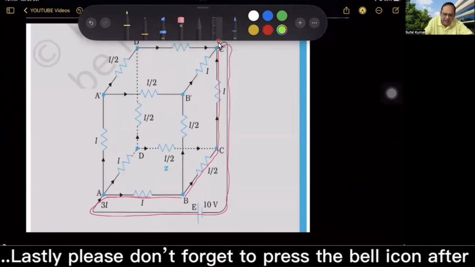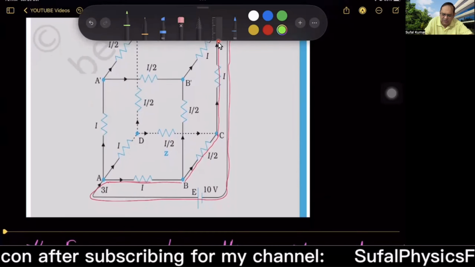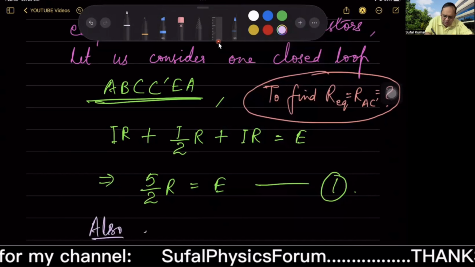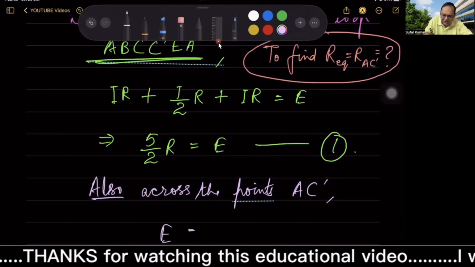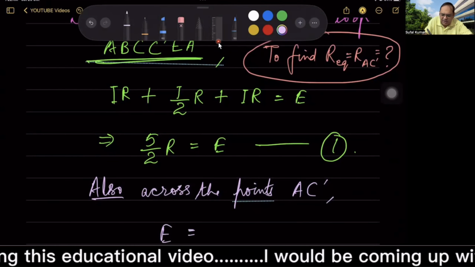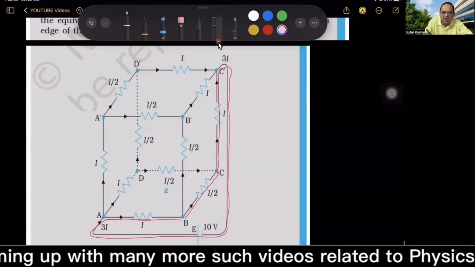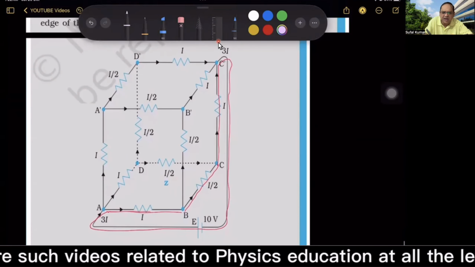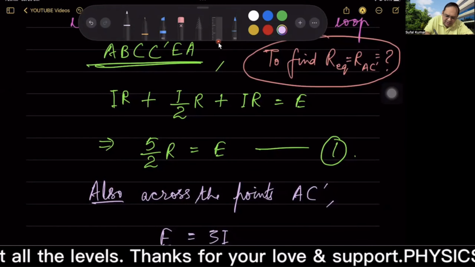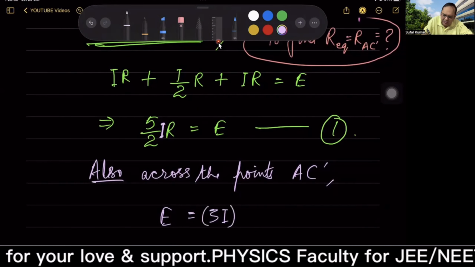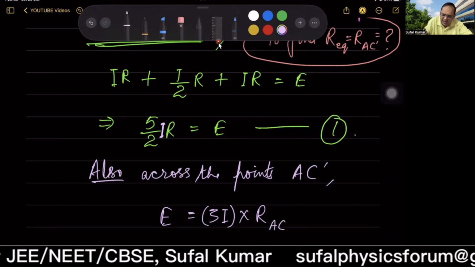Also across these two points A and C dash, E is equal to the main potential, which is the main current multiplied by the equivalent resistance. The main current is 3I, as we already considered. So E is equal to 3I multiplied by the required equivalent resistance R A C dash.